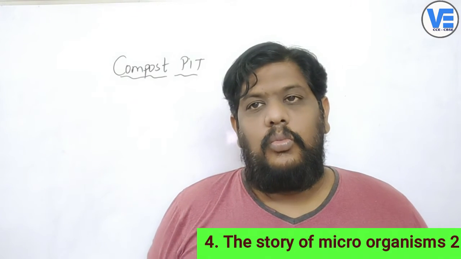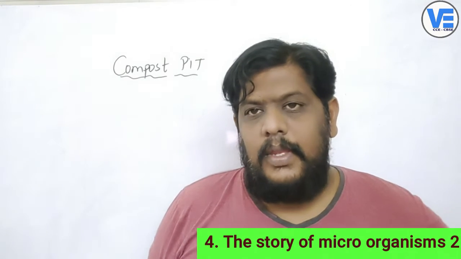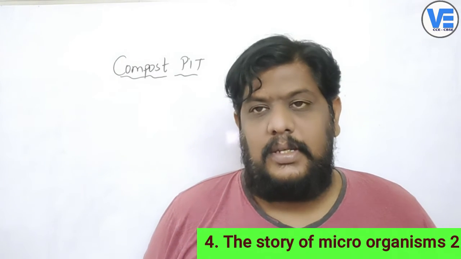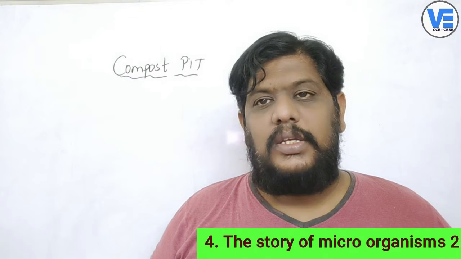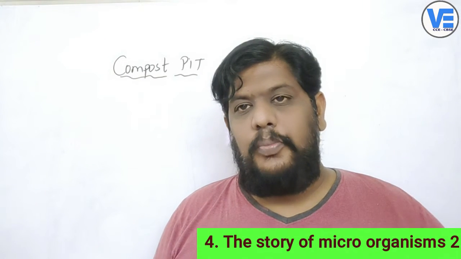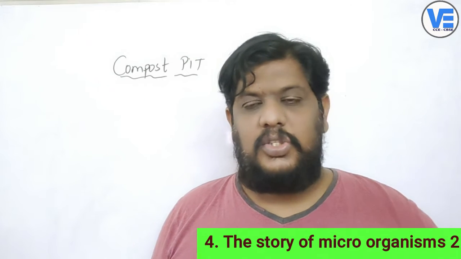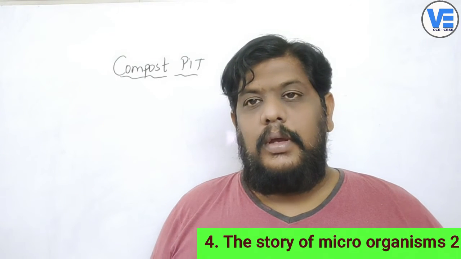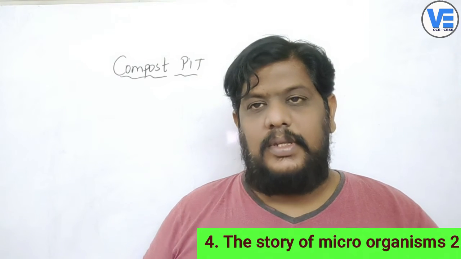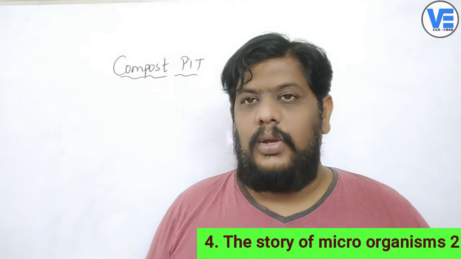So we all know what a compost pit is. We'll try to do a small activity based on the compost pit. What you need to do is take two pots and fill these two pots with half a pot of soil, and then go into your garden and dig two pits where you can put these pots inside.